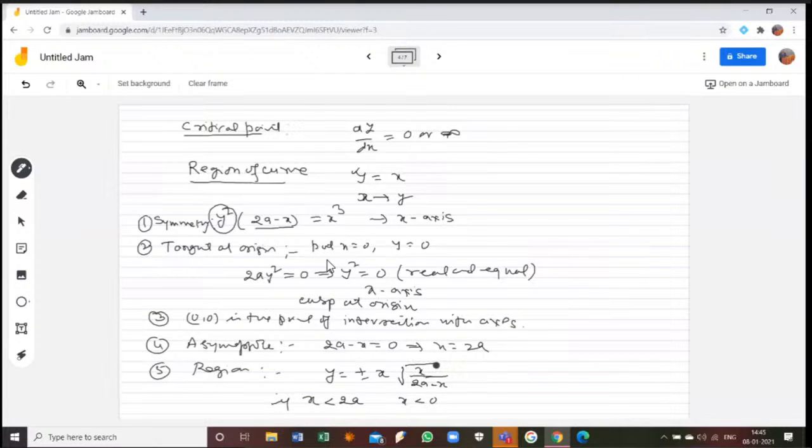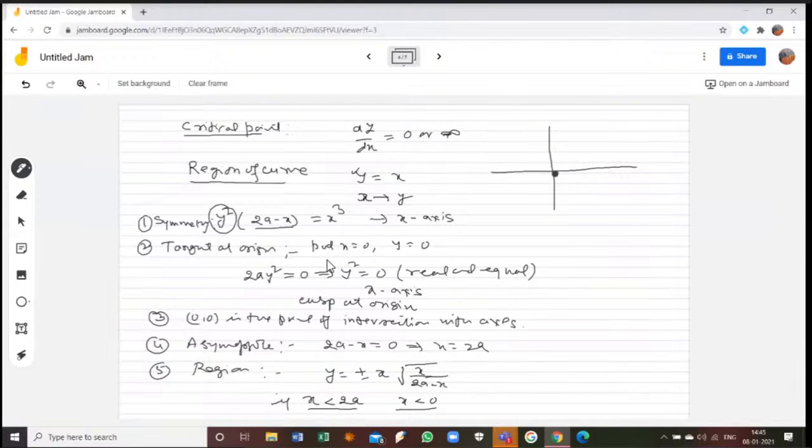So again it will be the complex root. That's why for x less than 0 and x greater than 2a, no part of the curve is there. So by taking all these, we can trace the curve.